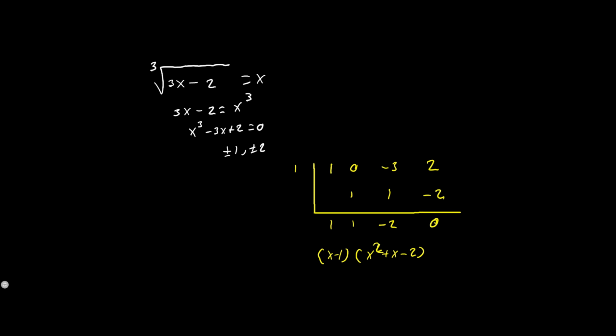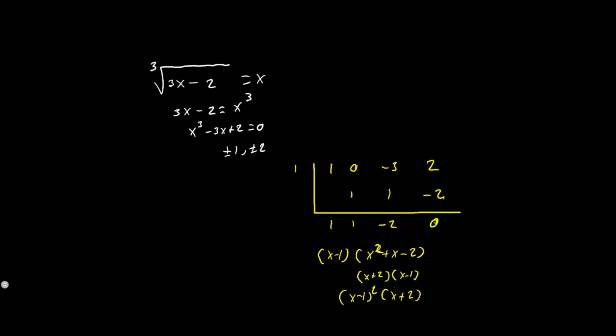And we can go ahead and factor our quadratic. So we have to find two numbers that multiply to negative 2 and add up to positive 1. And those numbers give us x plus 2 times x minus 1. So we are going to get x minus 1 squared times x plus 2.